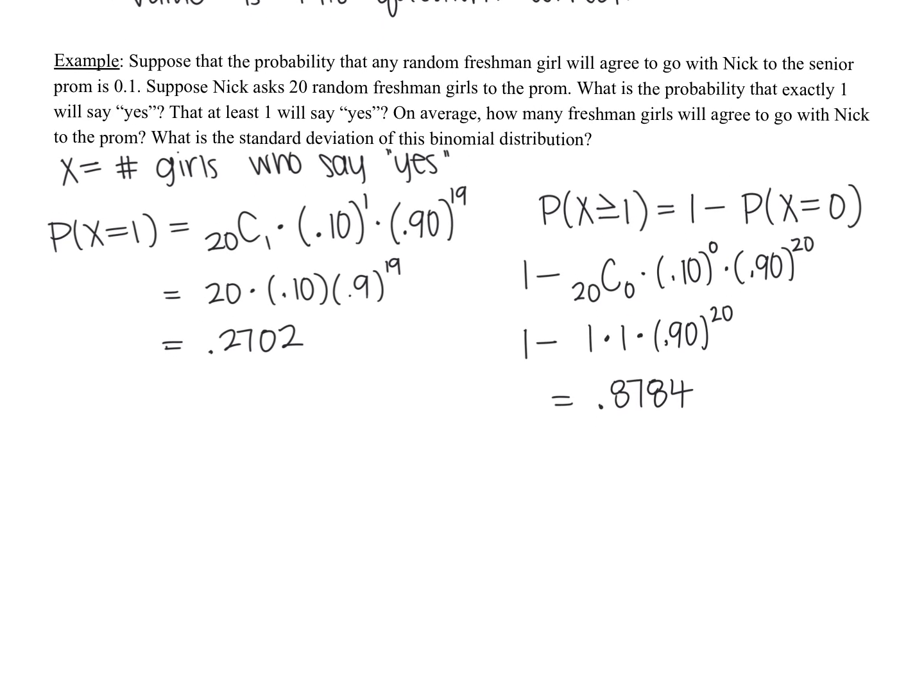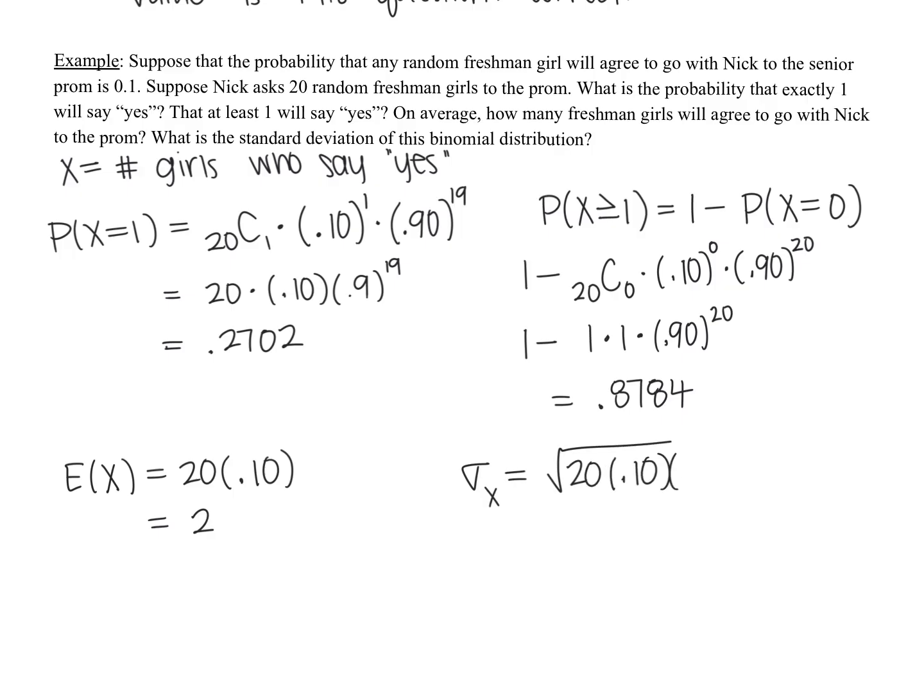So for our mean, our expected value, we have 20 times 0.10. So that means we expect 2 girls are going to say yes out of the 20. And then our standard deviation is the square root of 20 times 0.10 times 0.90.